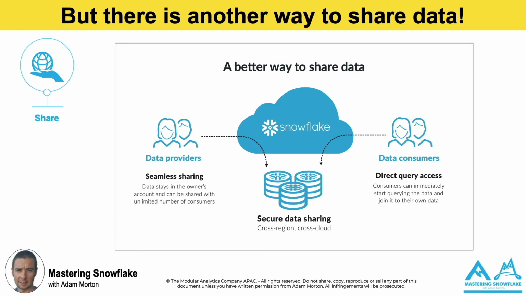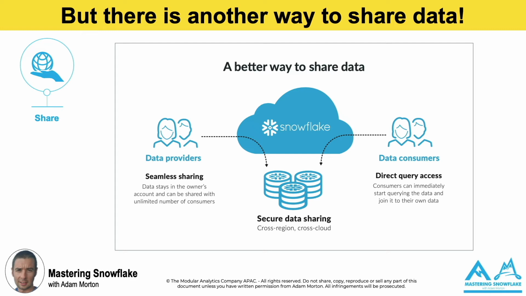However, there is another way to share data, and that's using Snowflake's Data Marketplace. Here, the data stays within the company and organization that owns the data, and it can be shared with no data movement to potentially an unlimited number of consumers. Your potential customers or your data consumers can access that data directly as soon as it's available using a Snowflake account. So this data appears into their Snowflake account. Once you've shared it with them, it appears like any other database within their account.